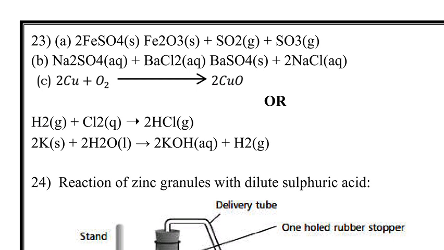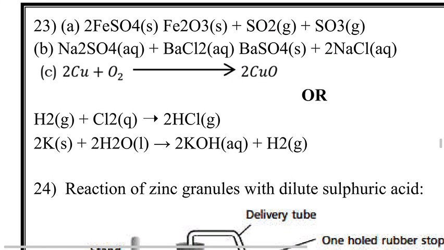Write the balanced chemical equation for the following chemical reactions. In that, option A: hydrogen gas reacts with chlorine gas to form hydrogen chloride. Here H2(g) plus Cl2(g) will be equal to 2HCl(g).